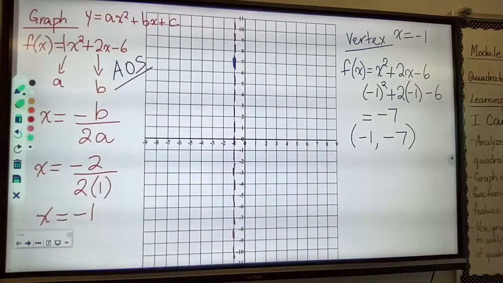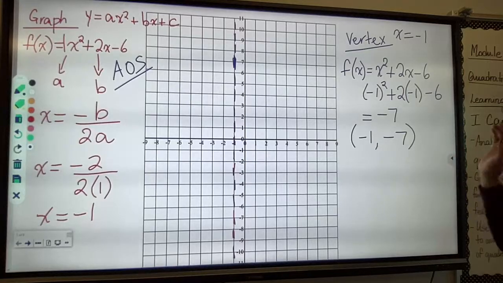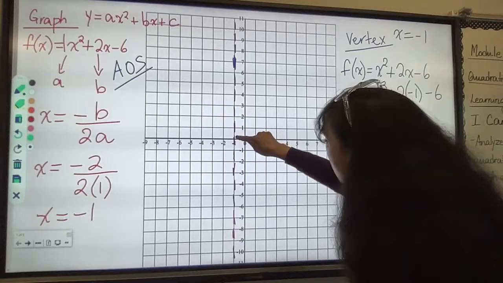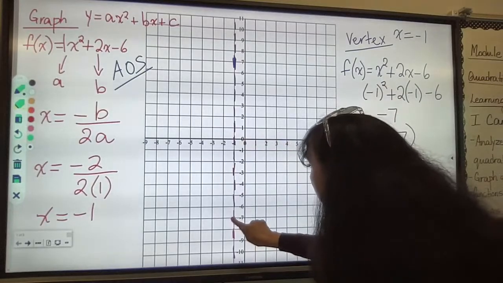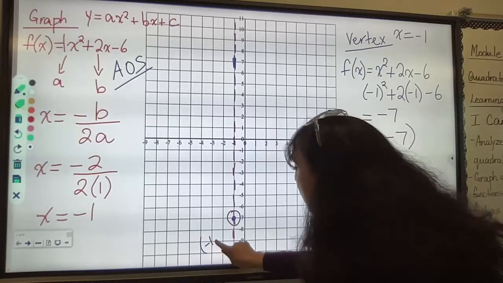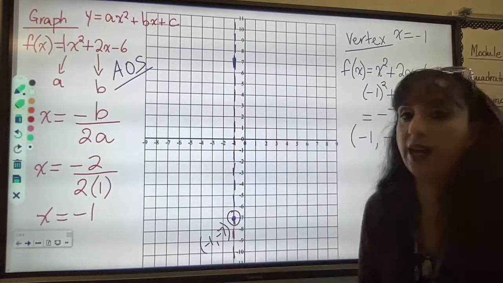Okay, or it is a minimum. So I'm going to go and plot the vertex, and that is at (-1, -7). So here is my vertex, okay? (-1, -7). So I've gone and plotted this.